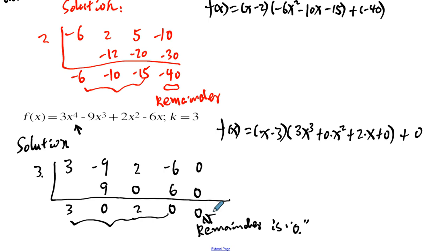So what do we have? x minus 3 times 3x cubed plus 2x. I forgot the close bracket. So x minus 3 times 3x cubed plus 2x, that will be the final answer. Okay? So, I'll see you next time.